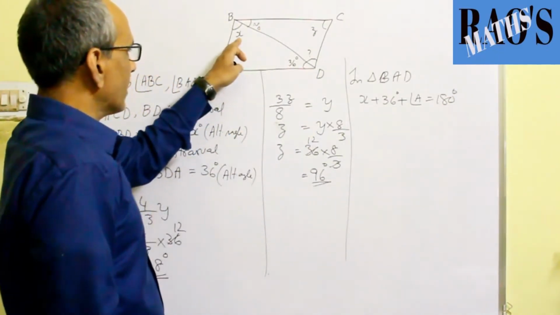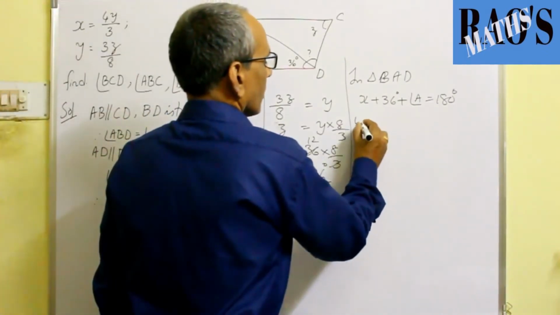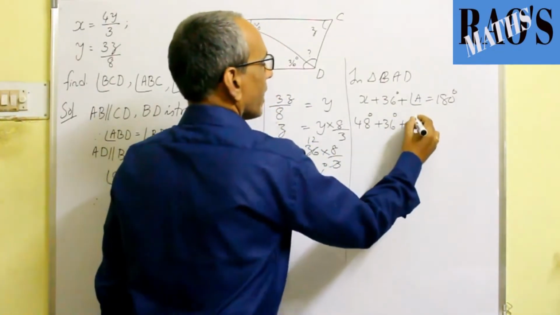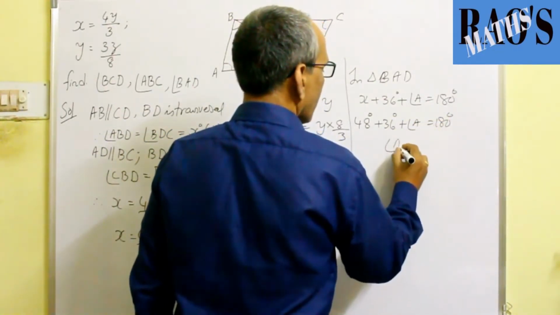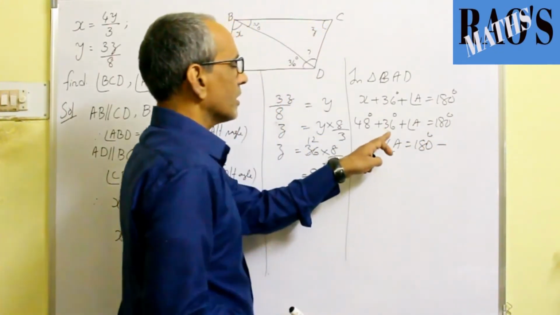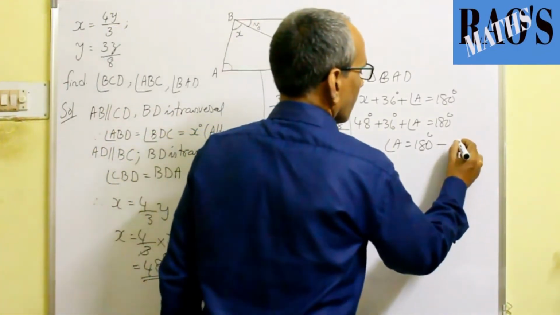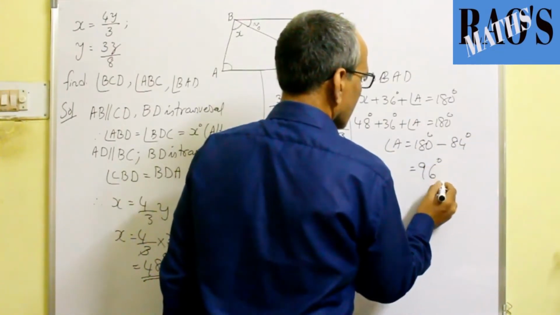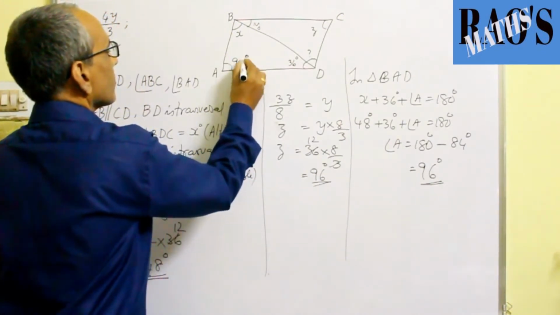And what is the measure of x? We solved already, 48. So 48 plus 36 plus angle A is equal to 180. So angle A is 180 minus the sum of 48 and 36, that is 84. So which gives 96 degrees. This is 96 degrees.